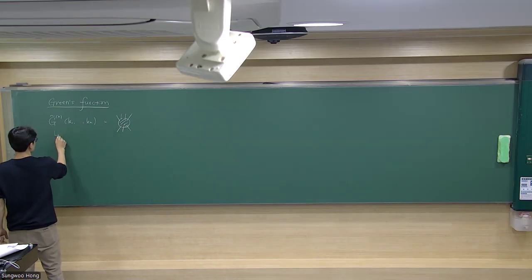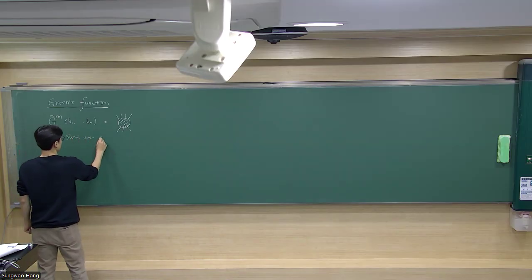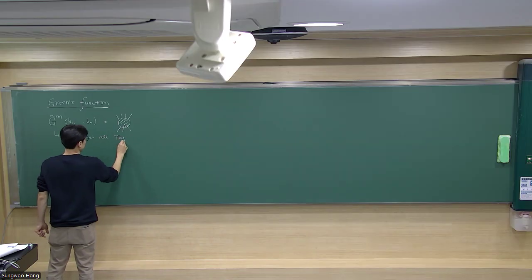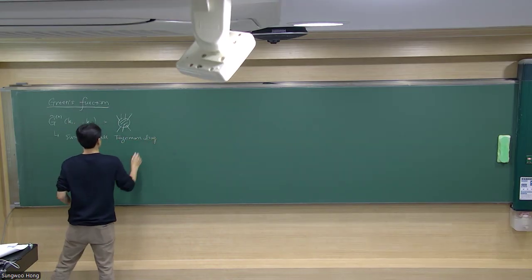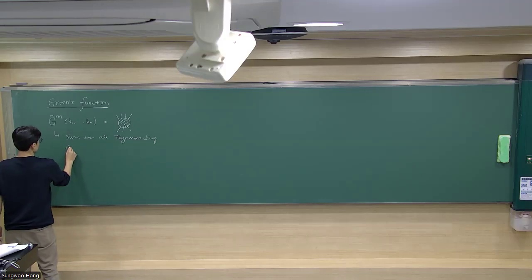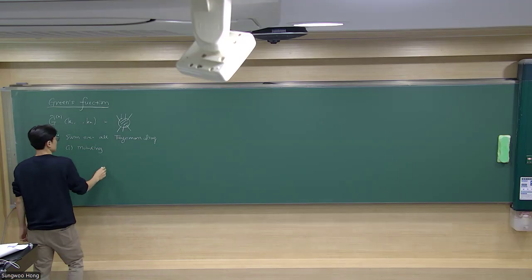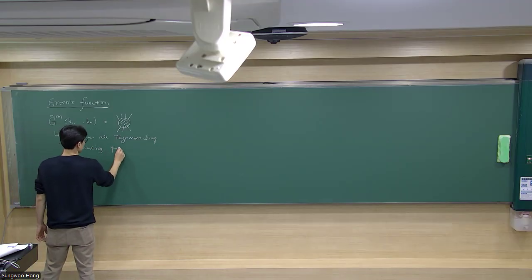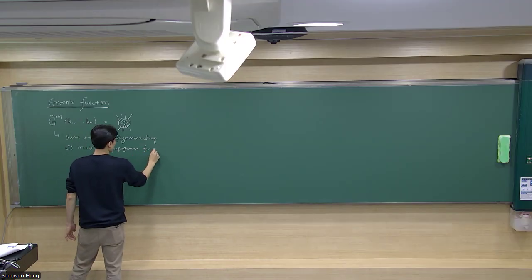So this thing is a sum over all Feynman diagrams, including, not exactly in the same order as I wrote, propagators for external legs.